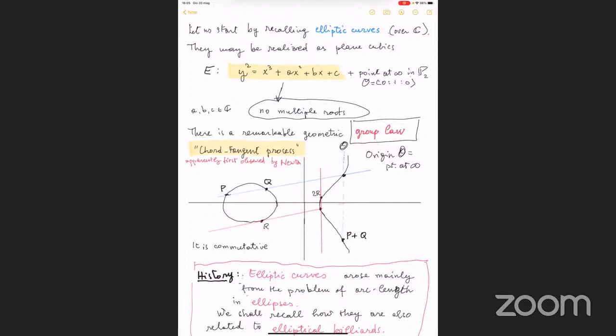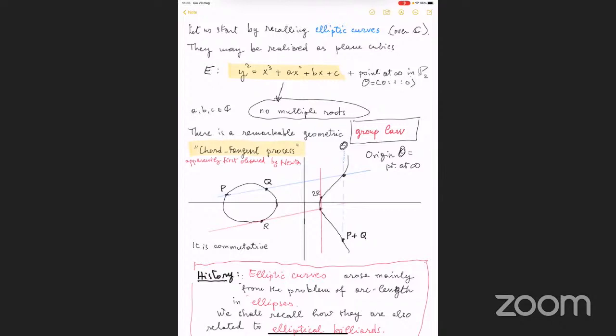The principle is that given 2 points, P and Q, you take the line joining them. Since we have a cubic, this line will intersect the curve in a third point. Everything is to be counted with multiplicity in case some of the points coincide. And you reflect this point with respect to the x-axis, and you obtain the sum.